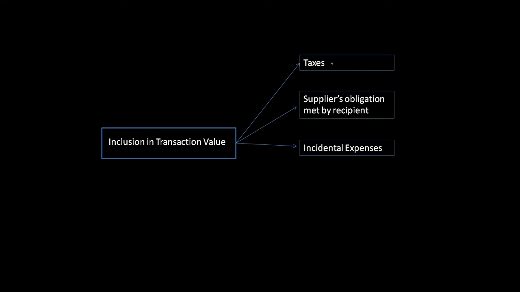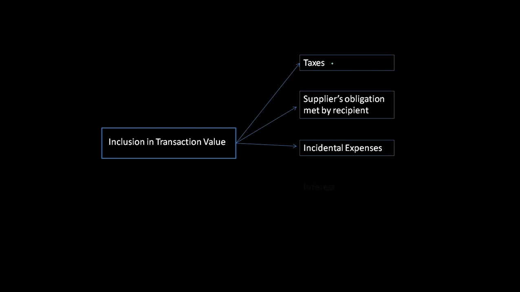We learned that in accounting. Similarly, over here, any incidental expenses related directly to the supply of the product has to be included. Just for example, sometimes there might be commission, sometimes some packing charges. All these things can be there and that has to be included in the transaction value, and only then it can be considered as taxable value.